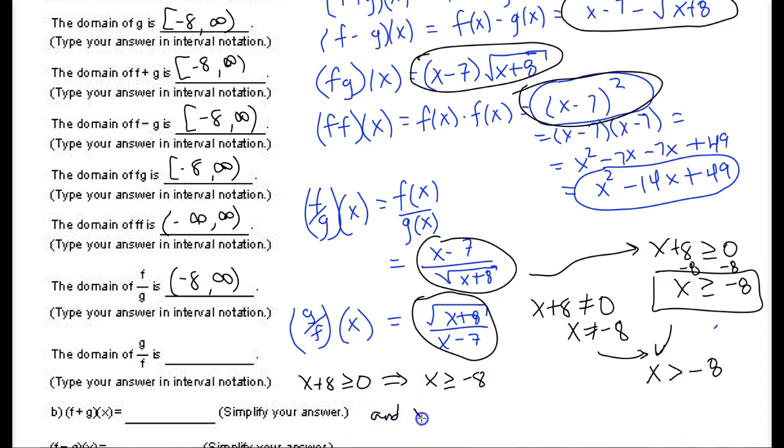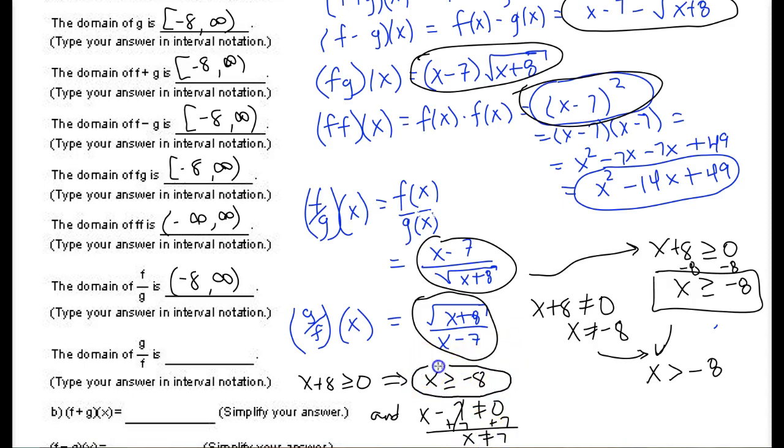So in addition to that, we know that x cannot equal 7. Okay? And I'll write this formally here, we know that because whatever the denominator is, it cannot be equal to 0. So if we add 7 to both sides, we see that x cannot equal 7.